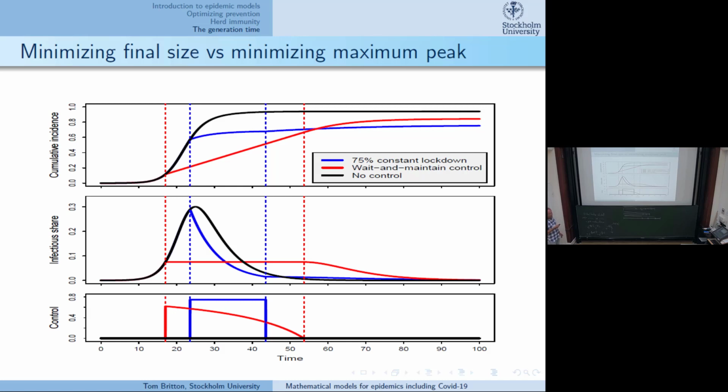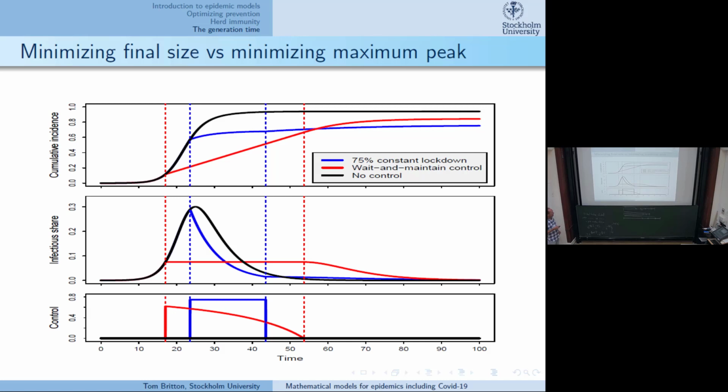A very different optimality criteria, but perhaps better, I don't know, is to not minimize the total number of people getting infected, but minimizing the peak prevalence. The best strategy for that, which has been derived by other people, says to start a bit earlier than our optimality criteria.